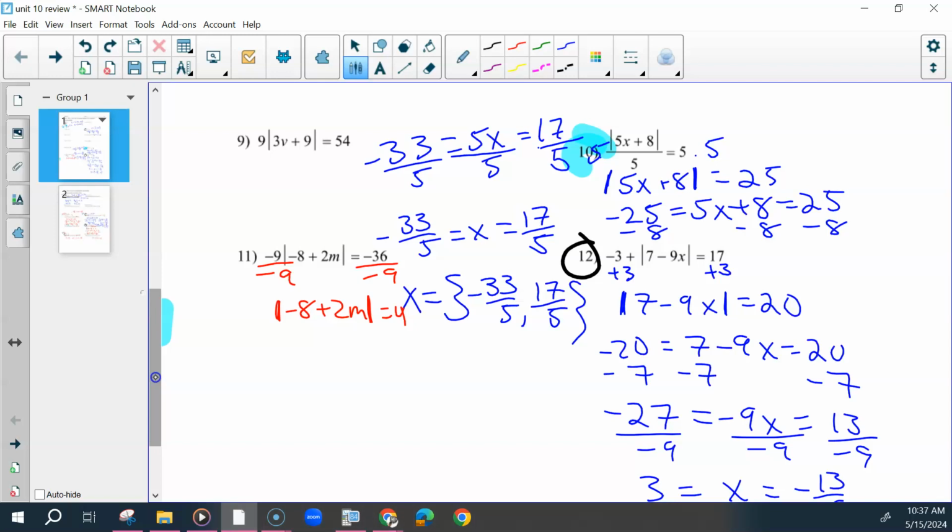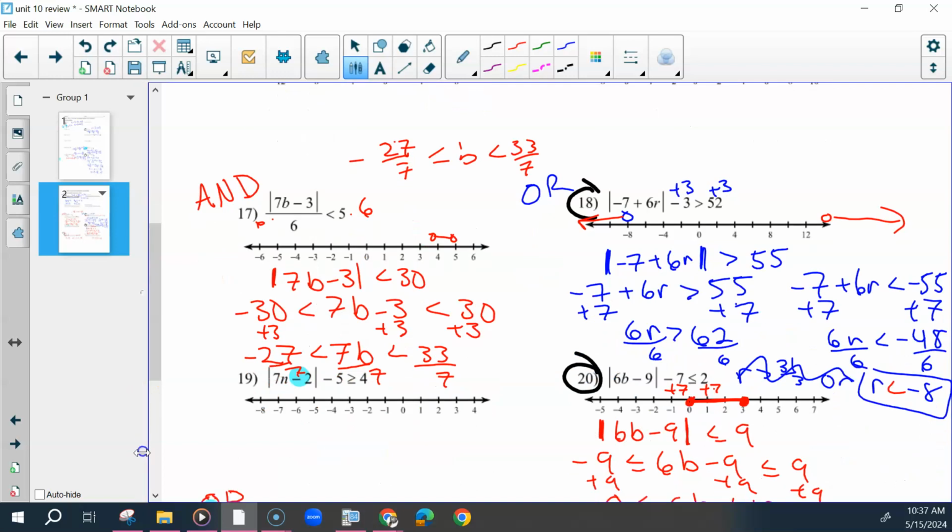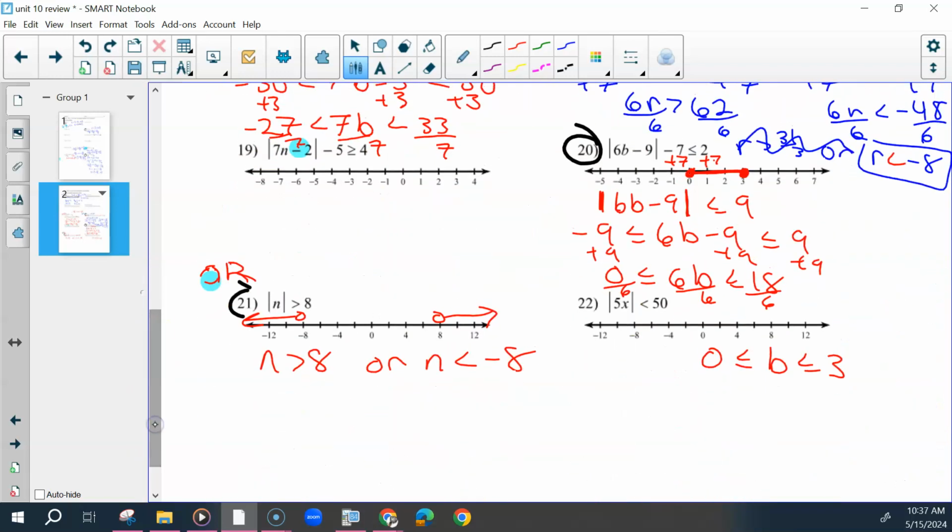Other questions? On this or the front? So for number 19, isolate this, get rid of the -5.